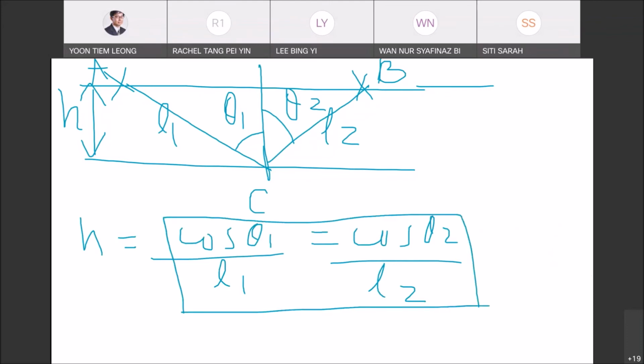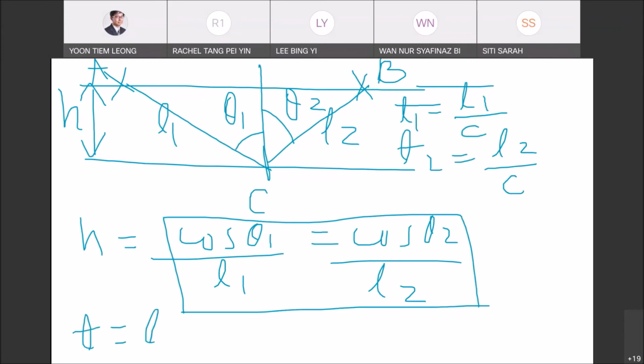Then the second equation that I'm going to write down would be the time. So T1, as I mentioned, is the length L1 divided by C. So the time T1 is this. T2 is equal to the length of L2 divided by C as well. So my function T is T1 plus T2. Let's see if I can form this function.